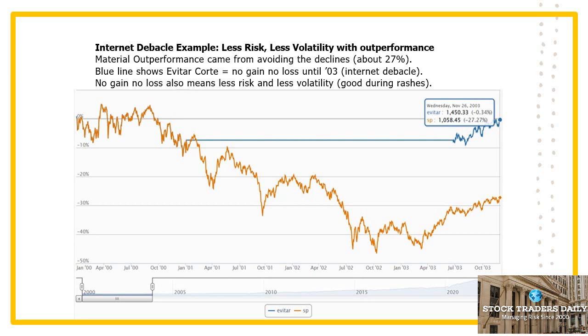The strategy achieves the outperformance by avoiding crashes. Now, that wasn't the intention, right? The way that I created this strategy was to avoid crashes. It just so happens that the performance is ridiculous. Because look what happens here.